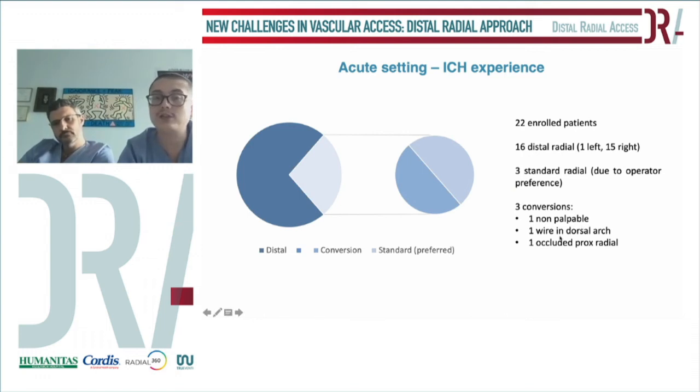And 3 patients had a conversion: 1 patient with non-palpable distal, 1 patient in which the wire went into the dorsal arch, and not to lose time, I preferred to switch to conventional radial artery, and 1 patient with an occluded proximal radial artery, and we had to go through a femoral access because the patient did not have both proximal radial arteries.